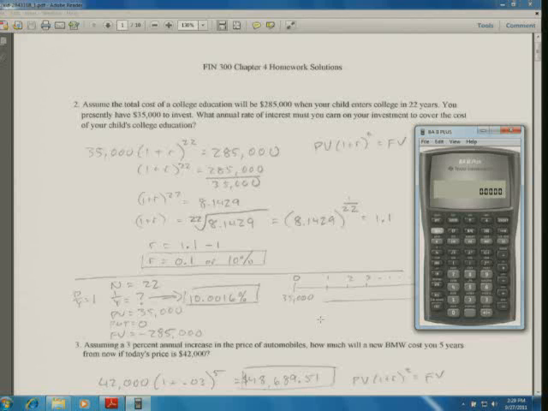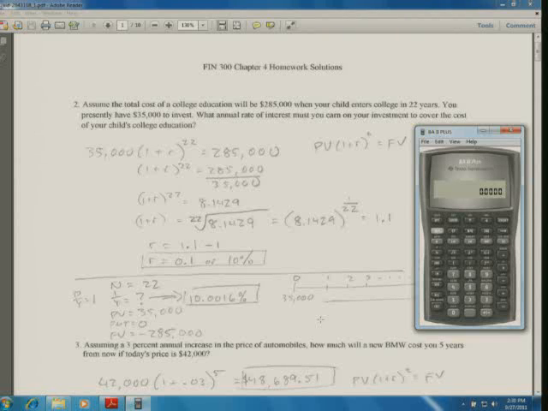The reason I did that is that it's truly helpful, the first time you go through these problems, to just use the formula and the algebra first and not try to use the time value keys on your calculator. If you get a handle on what's actually going on with the math, and therefore on what your calculator is doing for you, it's going to make it so much easier in the long run.